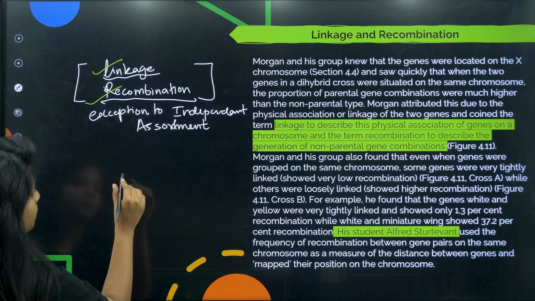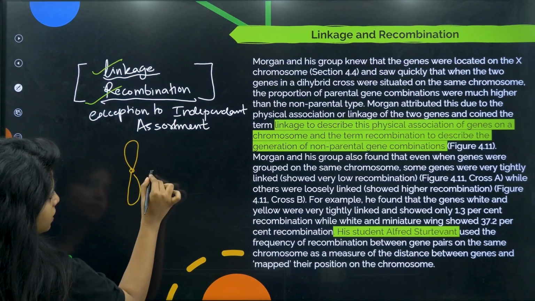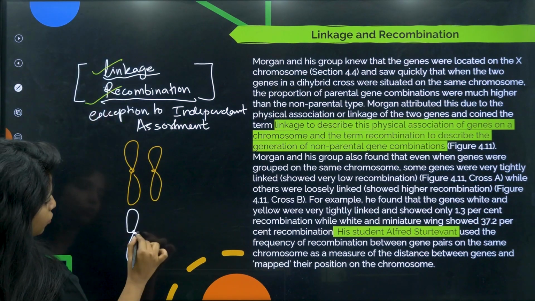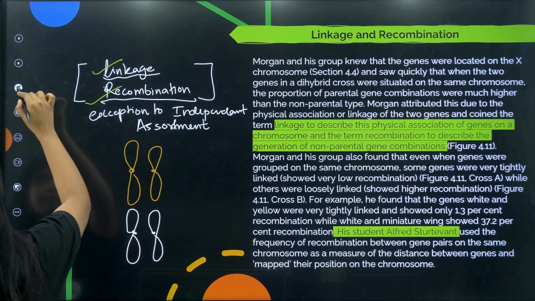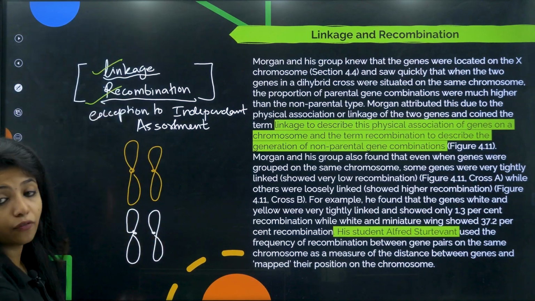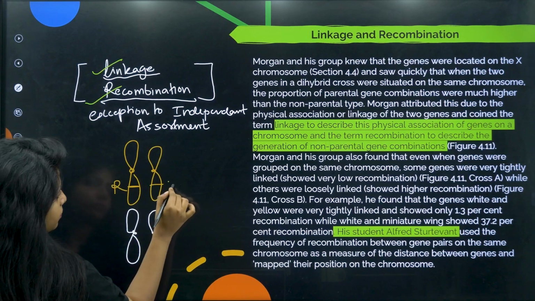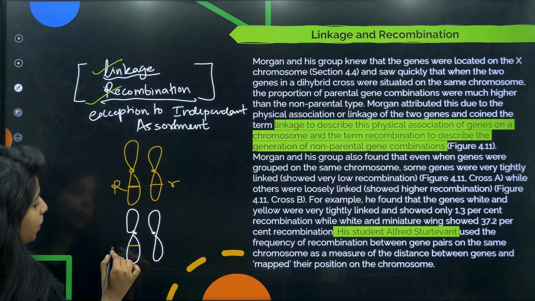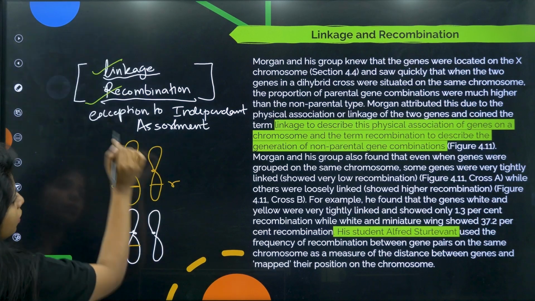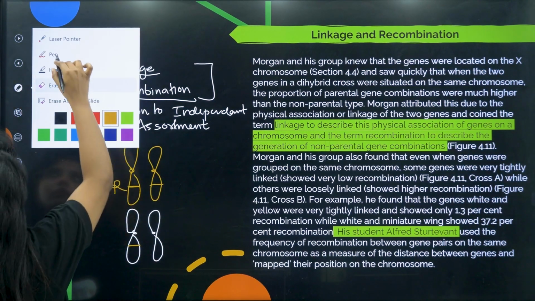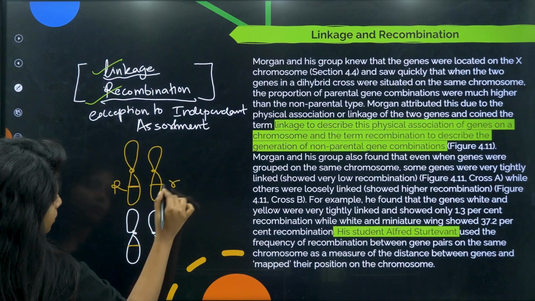So basically, if I have a chromosome like this, I have another chromosome like this, and I have two more chromosomes like this. Now, according to the law of independent assortment, there is one pair of factors over here, and another pair of factors over here. So for avoiding confusion, I'm just writing, small r.